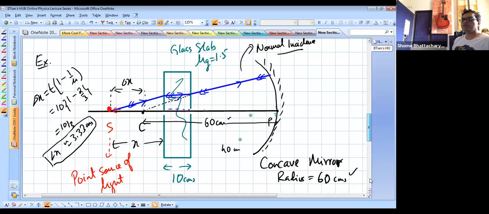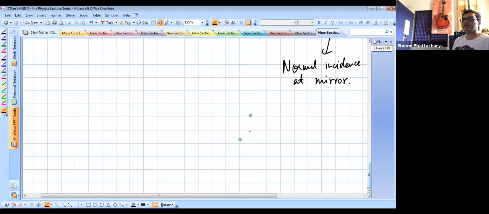So before we move on to refraction at spherical surface, we will quickly look at a concept called critical angle and total internal reflection.